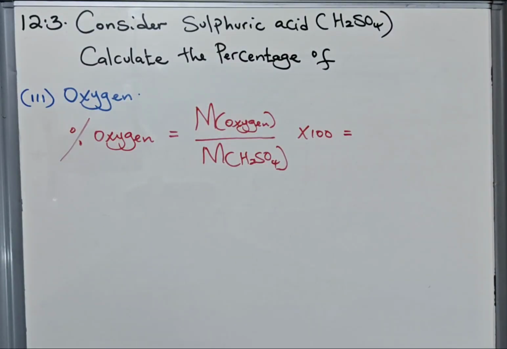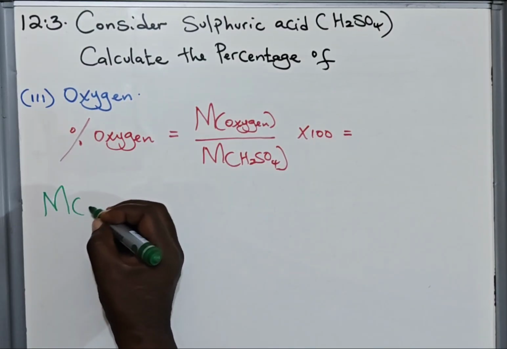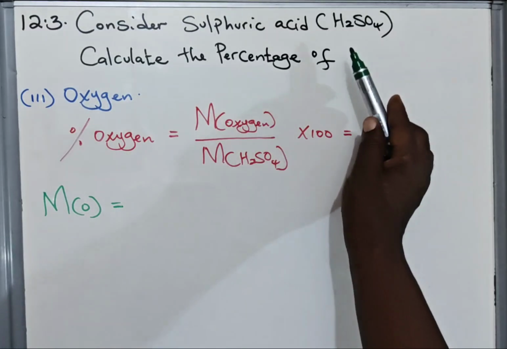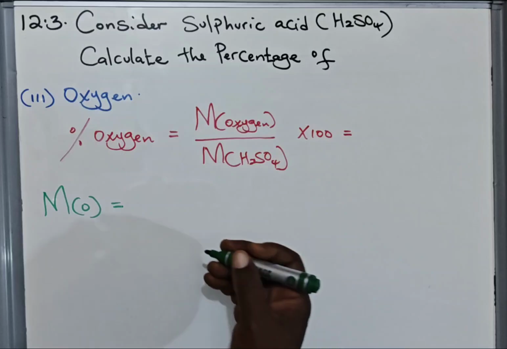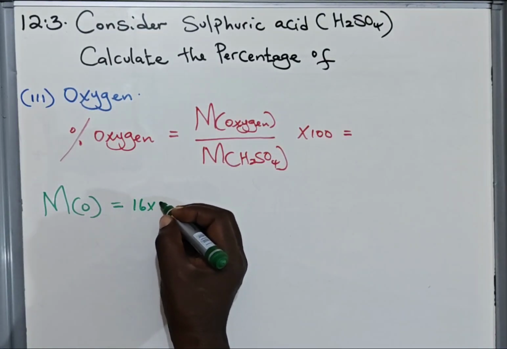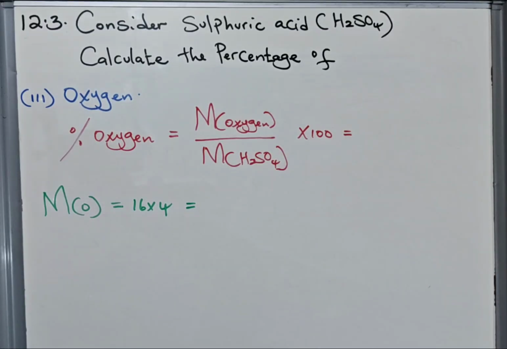Then the question is, what's the mass of oxygen? Okay, you have to know here that when you look at sulfuric acid, oxygen is times 4, so it's going to be 16 times 4. Yeah, so we have it.